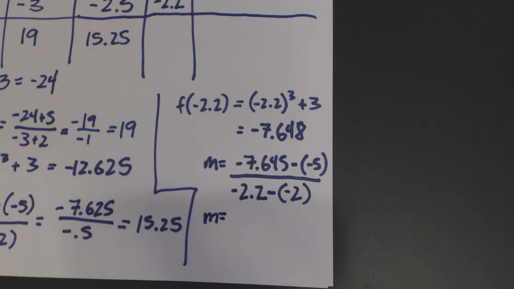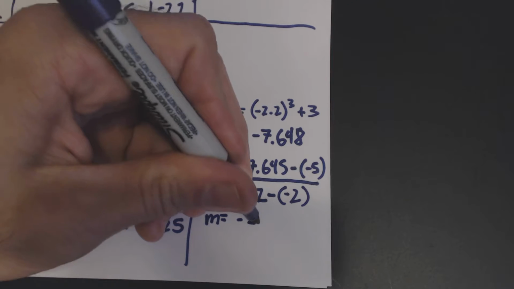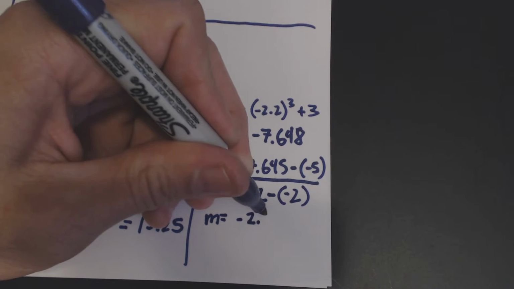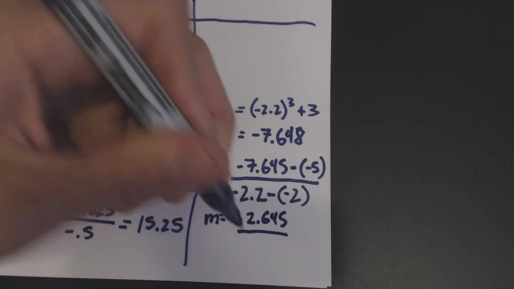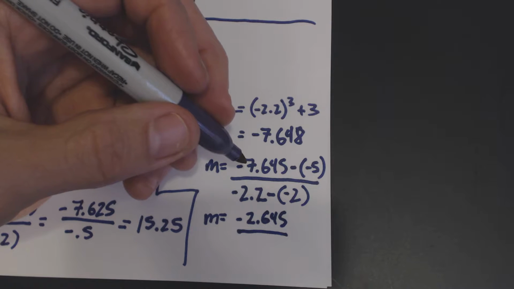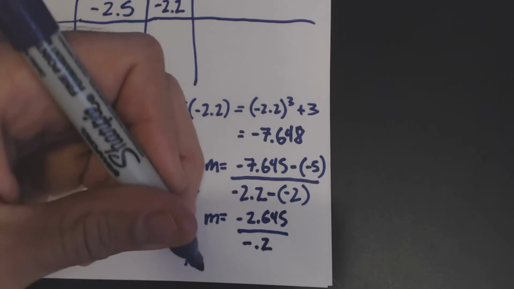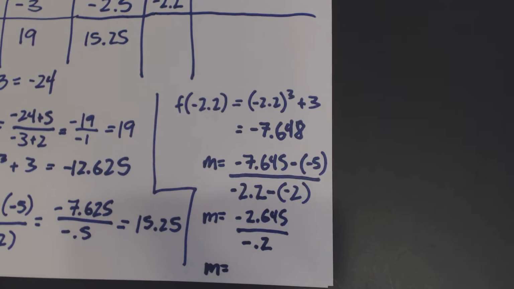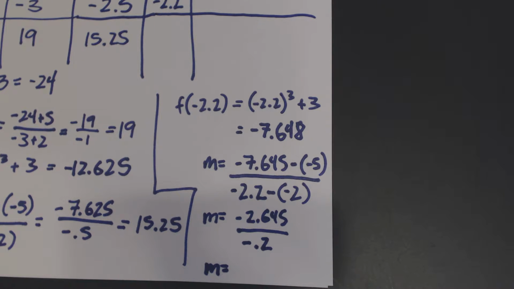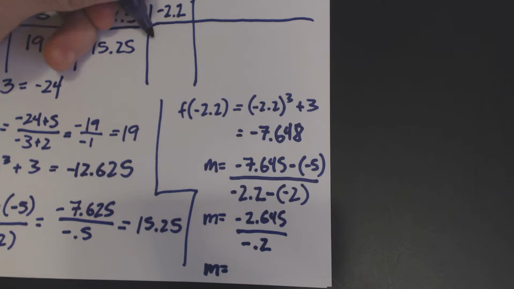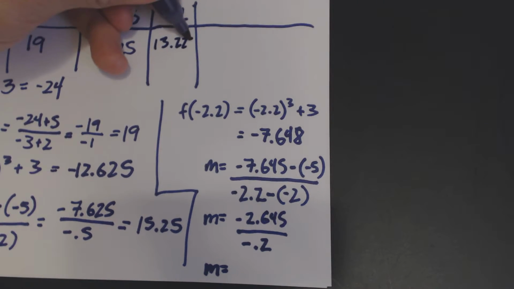So we're going to have negative 2.648 over negative 0.2. So the slope is going to equal 2.648 divided by 0.2, which is 13.24.